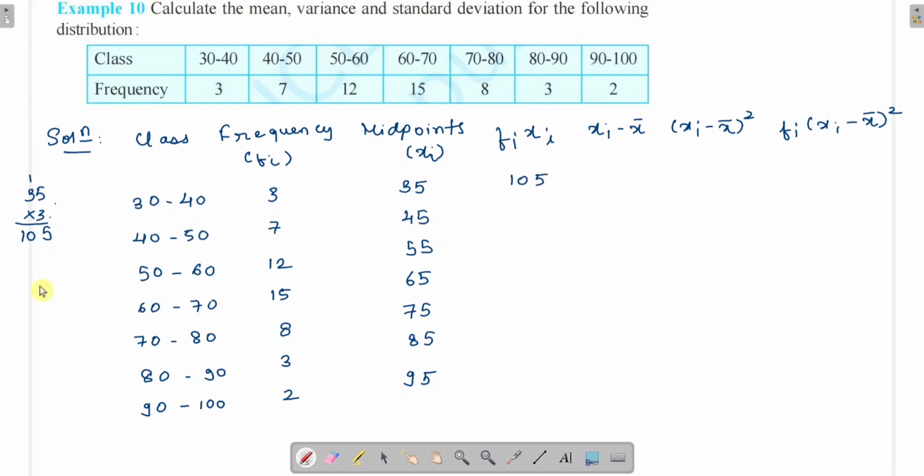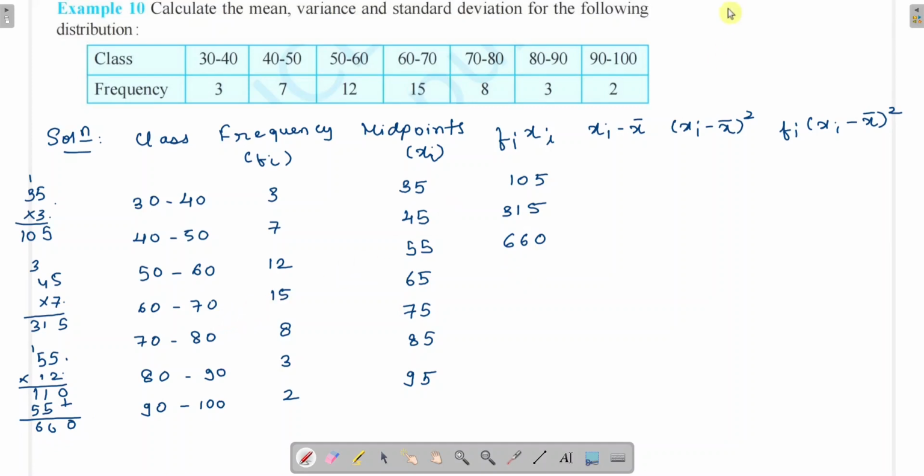Then 45 times 7: 7 times 5 is 35, 7 times 4 is 28, 28 plus 3 is 31, so 315. 55 times 12: 5 times 2 is 10, 5 times 1 is 5 plus 1 is 6, so 660.